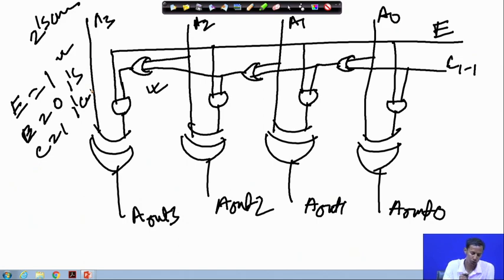So, initially you check if E equals 1. At that time each of these particular bits is 1.